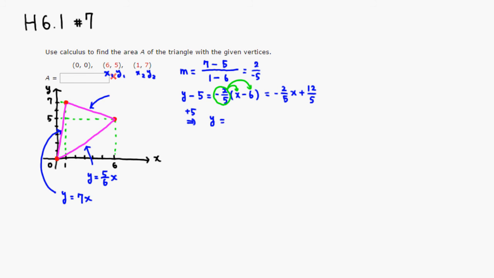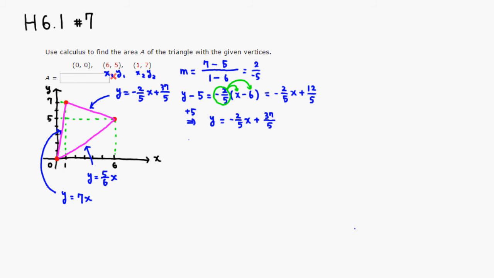So y is equal to negative 2/5 x plus, 5 is 25 over 5, so 25 plus 12 is 37 over 5. So the equation is y equals negative 2/5 x plus 37 over 5.